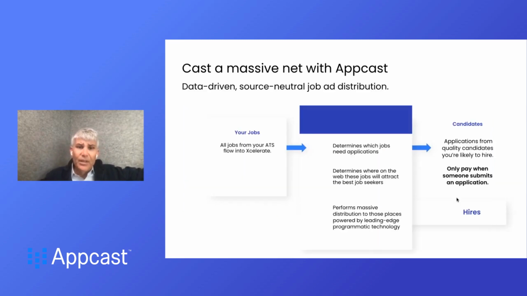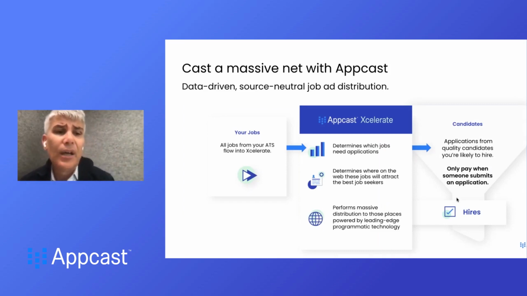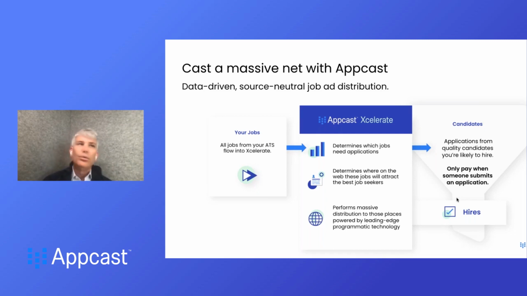So there's that. The other way to solve this problem is to consider casting a wider net. If you're finding that you aren't getting enough applicants on your jobs because it's just more competitive out there, most mid and large size companies have historically purchased their recruitment advertising from 2 to 4 different job sites.